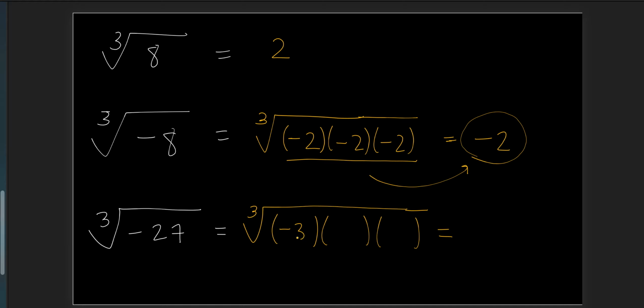And that is negative 3. Negative 3 times negative 3 times negative 3 is negative 27. So we're just first step replacing negative 27 with what it's equivalent to. And then we just think about how we're looking for a set of 3 things that are the same. For every one set we take one out. And there is negative 3, negative 3, negative 3. So the answer is negative 3.